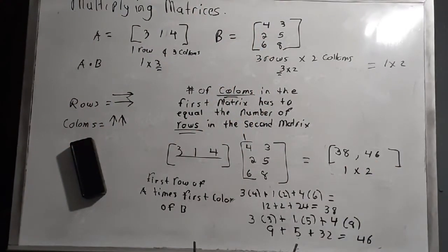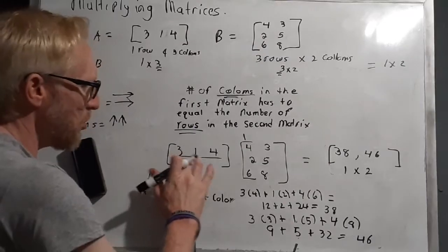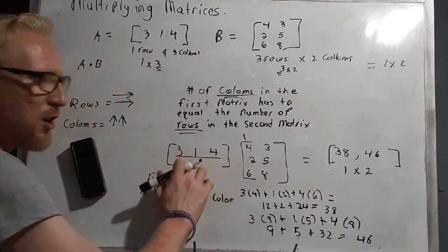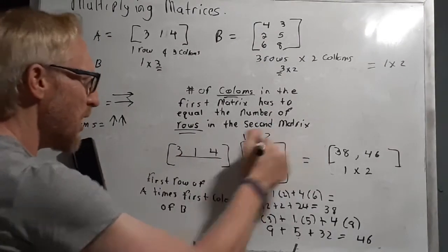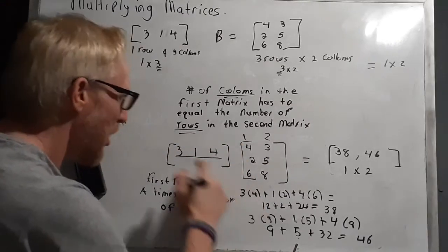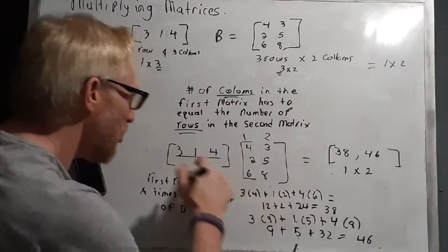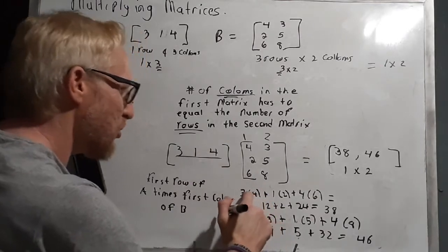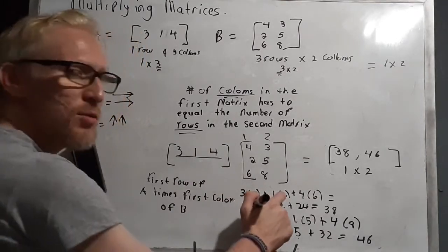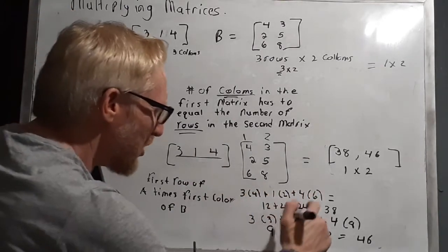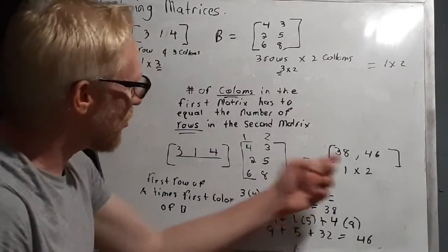Very simple. Again, all I did was multiply the numbers of the first row by the numbers of the first column. So again, 3 times 4 plus 1 times 2 plus 4 times 6. 3 times 4 is 12, 1 times 2 is 2, 4 times 6 is 24, and I add that and I get 38.